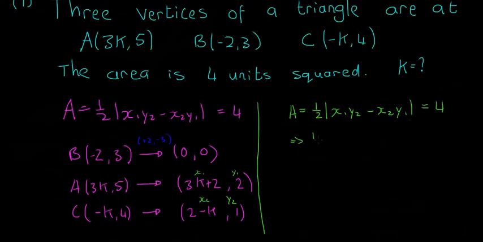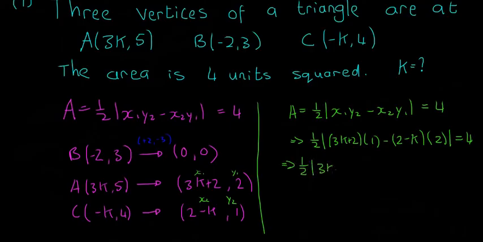So that means we have half by, x1 is 3k plus 2, y2 is just 1, minus x2, 2 minus k, and y1 is 2. Modulus is equal to 4. So that's going to be half of 3k plus 2, because 1 by 3k plus 2 is just 3k plus 2, minus, I'm just going to do 2 by this first, so it's going to be 4 minus 2k, modulus is equal to 4.